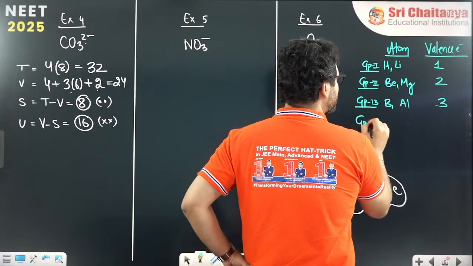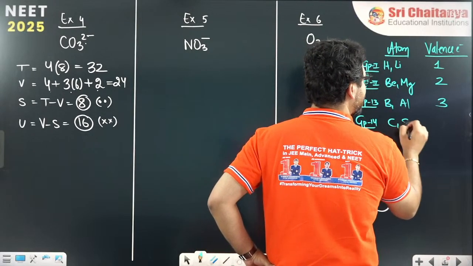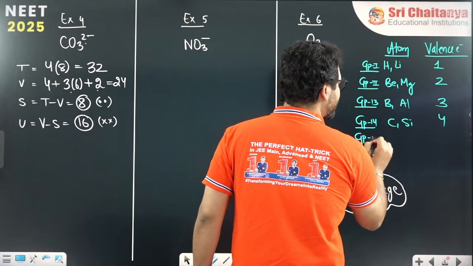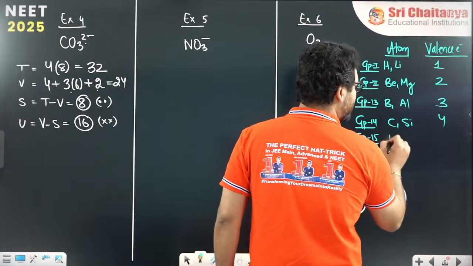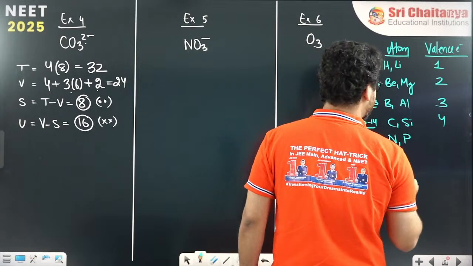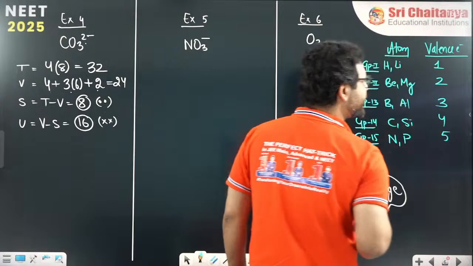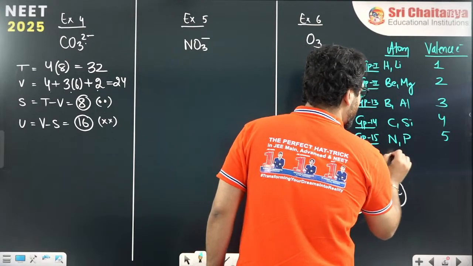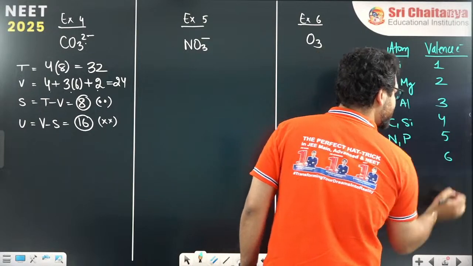If the atom belongs to group 14, which is carbon, silicon, it will be 4 valence electrons. If the atom belongs to group 15, which is the nitrogen family, nitrogen or phosphorus, then valence electrons will be 5. When the atom belongs to group 16, oxygen and sulfur, it will be 6.